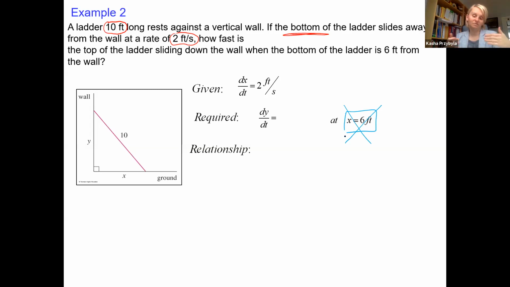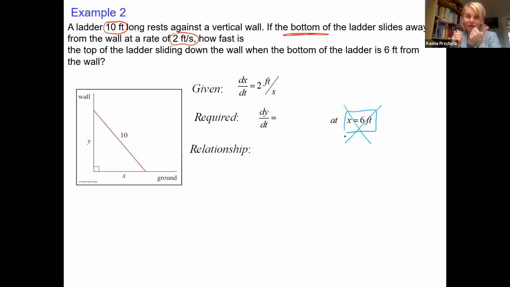Okay, that means we have the rate of change of how the bottom is changing. We have to find out how y is changing, dy dt, at the moment that the ladder is 6 feet from the wall. Now relationship, what do you think? We're seeing the nice right triangle and labels X, Y, and 10.